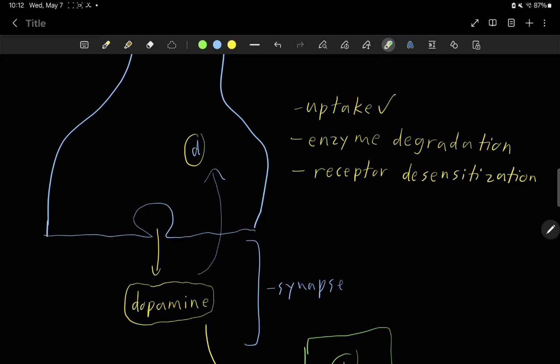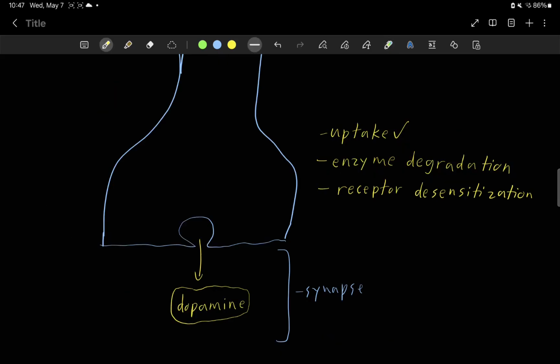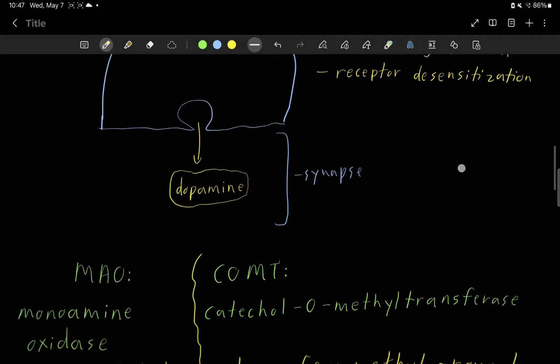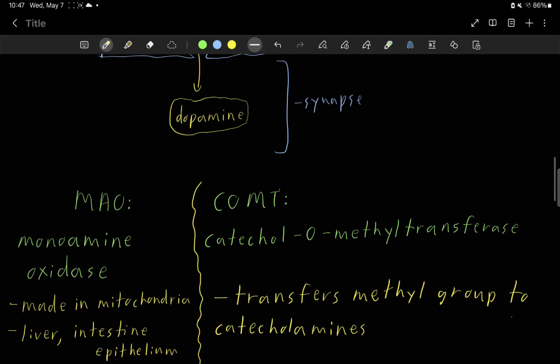The next termination mechanism is enzyme degradation or enzyme conversion. So enzyme degradation, as the name suggests, basically means enzymes of the body can degrade or inactivate messenger molecules, and this applies for dopamine. So two examples of enzymes that can terminate dopamine are monoamine oxidase and catechol-O-methyltransferase.